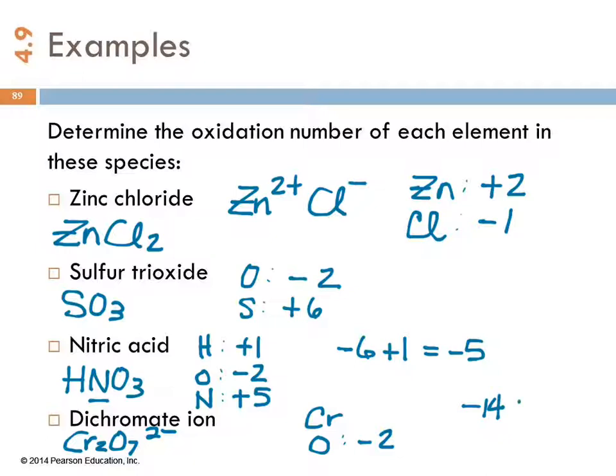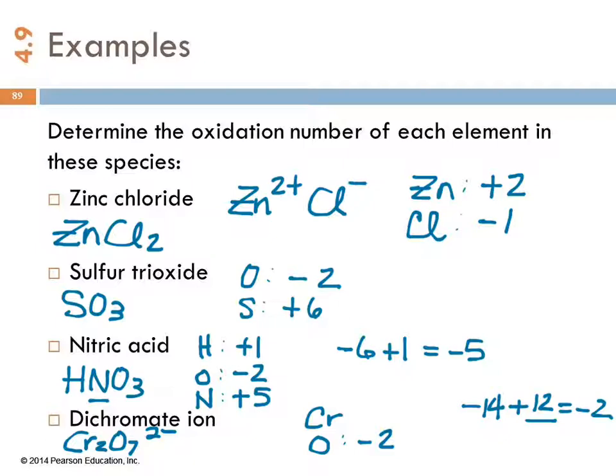So we could do it like this. We have -14 plus something from the chromium, and it's going to add up to -2. What goes in this blank? 12, right? So that tells us the combined oxidation numbers of these 2 chromiums is +12.